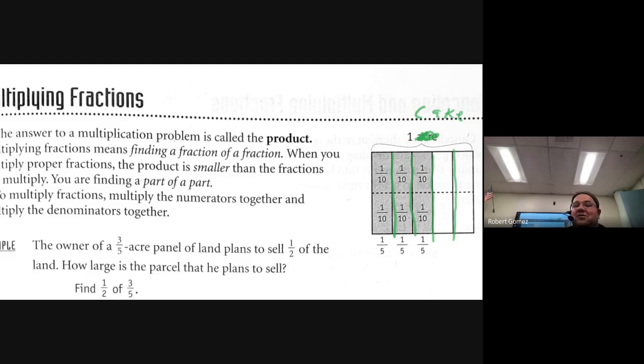So you're going to have to make smaller pieces out of those parts. I have those long strips of cake and I'm going to cut them in half. So I cut this one in half. This used to be one longer piece, that was 1/5, right?